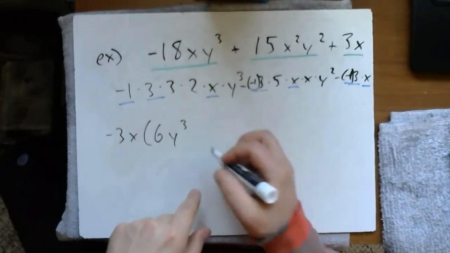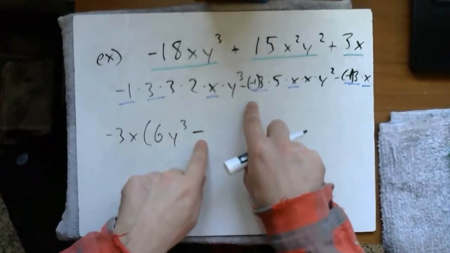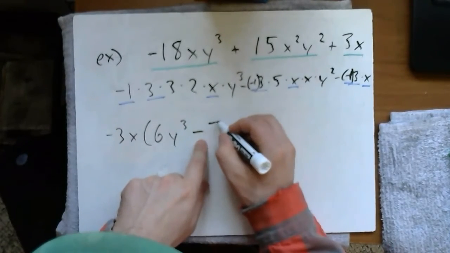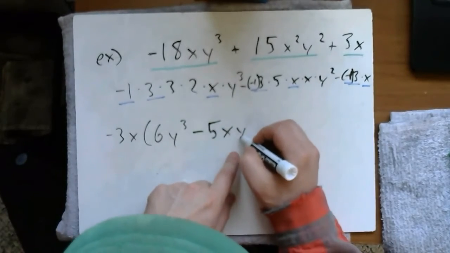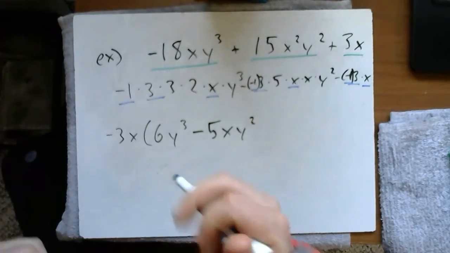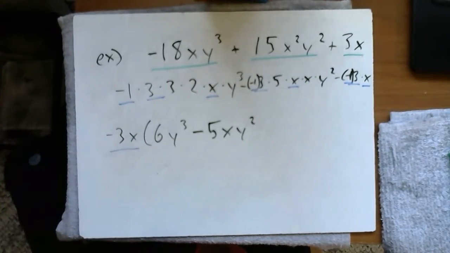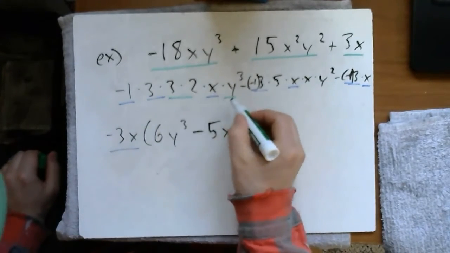And then minus. Notice I changed that sign so I could factor out the negative number. Minus 5, there's an x, and a y squared. So if this is my greatest common factor, these are the things which are left over.